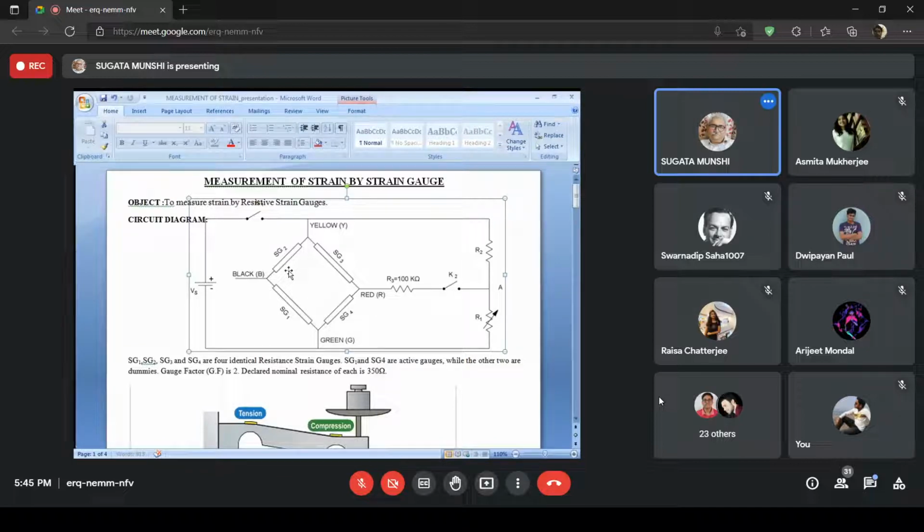But remember the important advantage of using 4 gauges. What was their advantage? You could form the Wheatstone bridge locally. So to make use of that advantage, 2 other gauges, SG2 and SG3, are mounted so that they serve as dummy gauges.